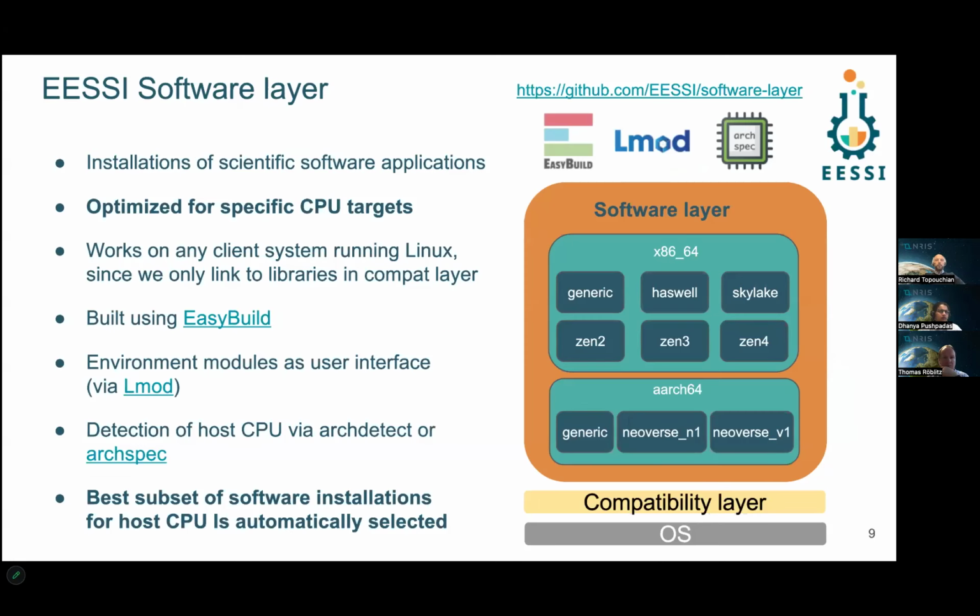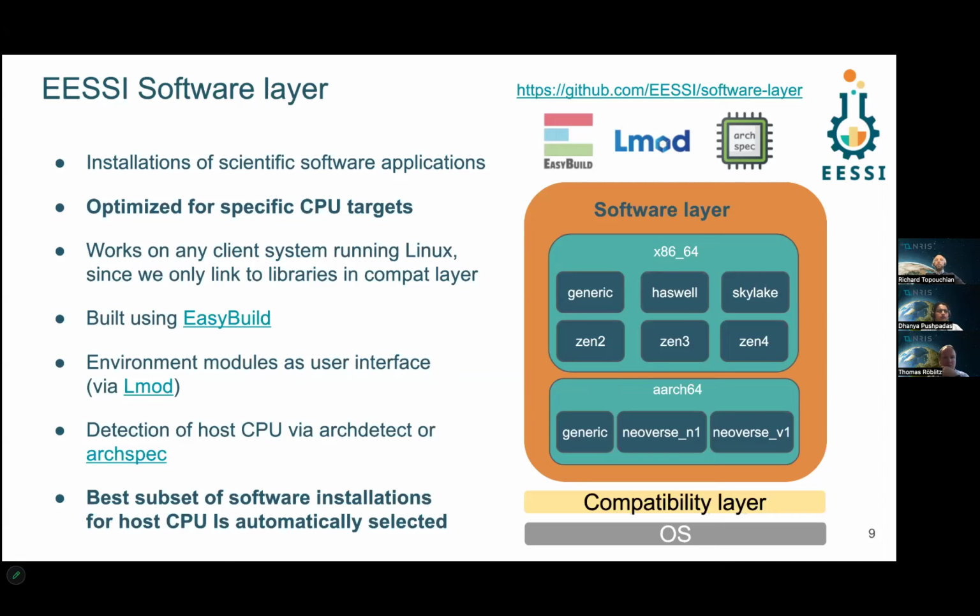And the third layer of EESSI is the software layer. The software layer of EESSI holds the actual scientific applications, and it is what most users will be interacting with. In practice, the software layer is a subdirectory of the EESSI CERN repository with different subtrees for all the different microarchitectures that are natively supported.